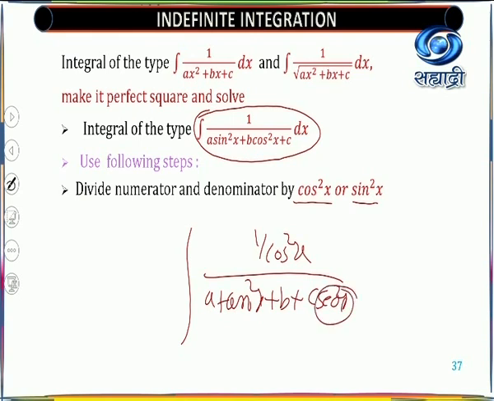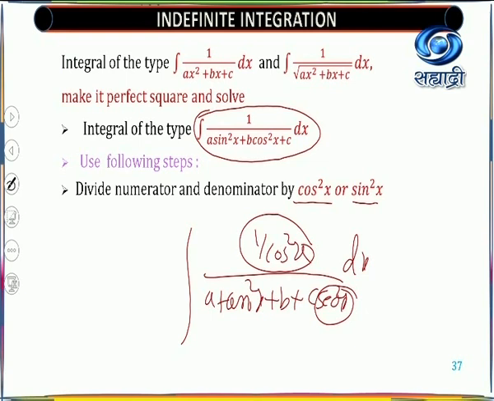This sec square x you are able to write in terms of tan square, and the substitution will be easy because 1 upon cos square becomes sec square x dx. So if you know sec square x dx, by the substitution method this integral will be simplified and you will get the result.